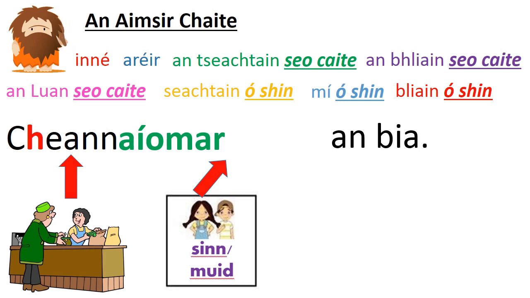For An Chéad Réimniú it was amar. Rúnamar. But now we have iamar. Cheanníamar. Agus anois féach an bhfuil guta leathan anseo, tá, an bhfuil guta leathan anseo, tá. So tá sé ceart go leor. Cheanníamar an bia. We bought the food.